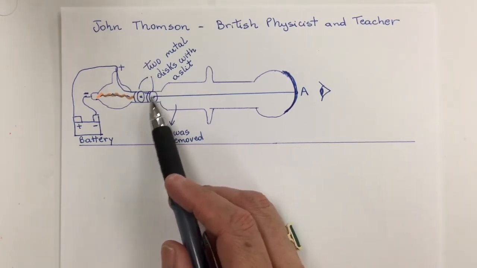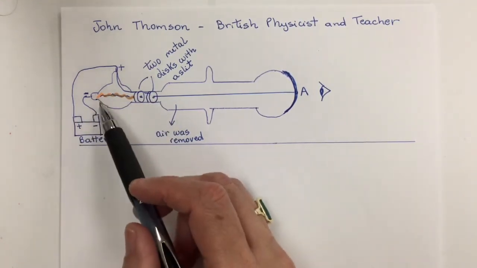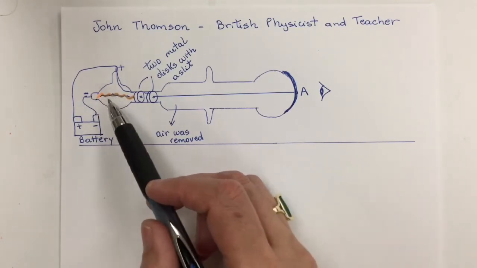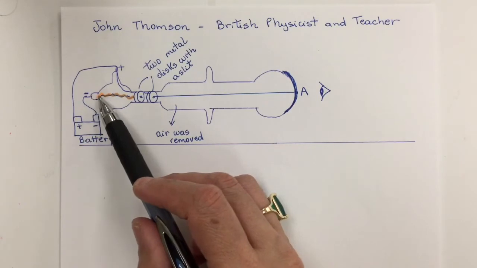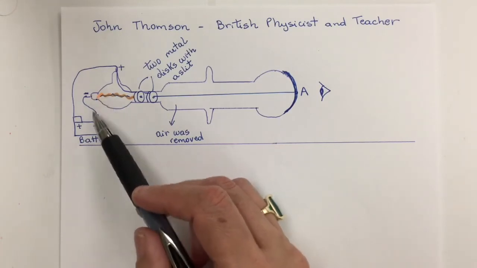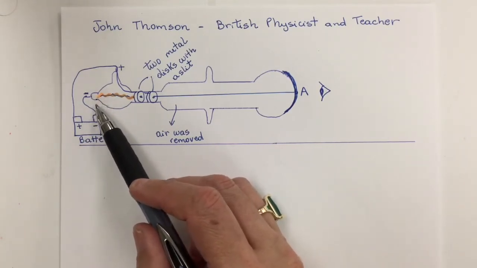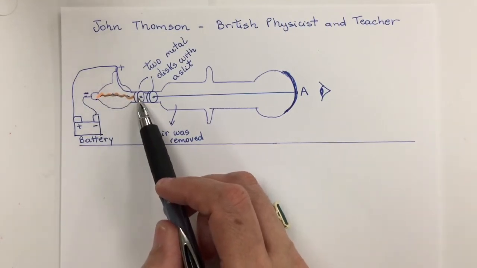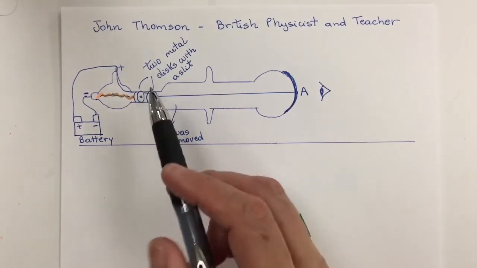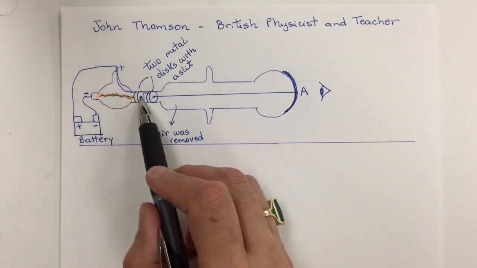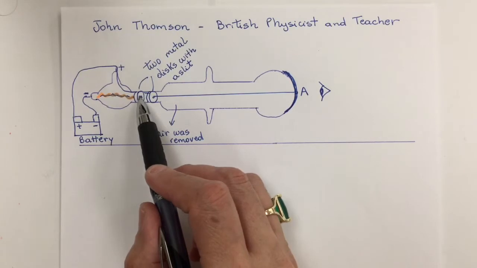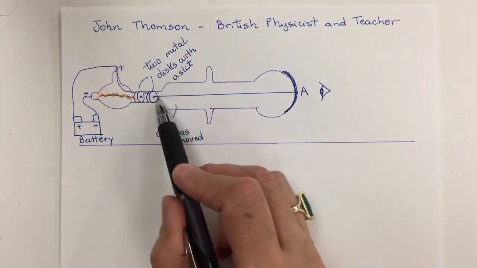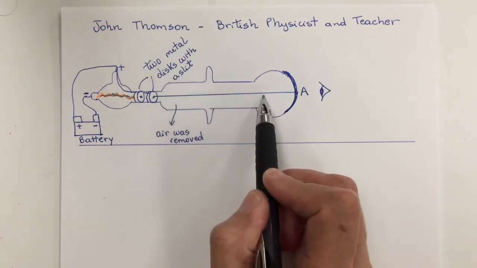The reason why he did this is because he created a spark in this chamber. So the electrons from the negative terminal of the battery want to jump to the positive metal discs. And that way, with this slit, he could visualize just a stream of this ray.